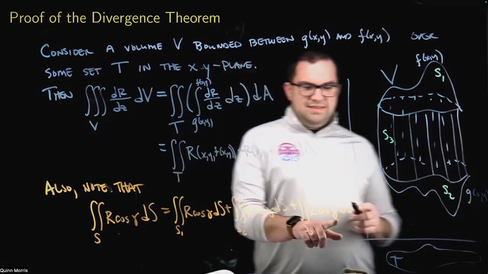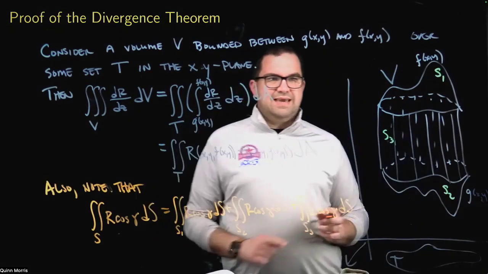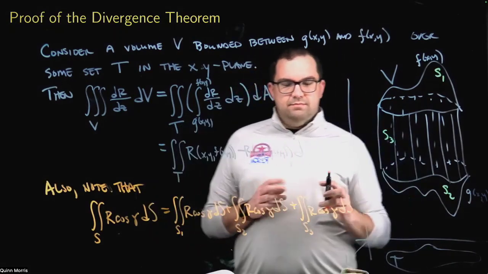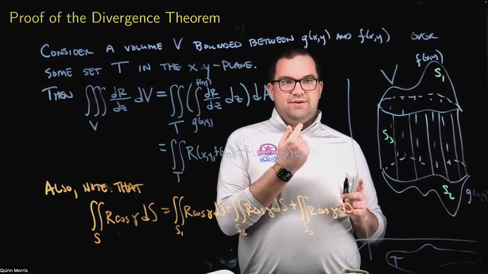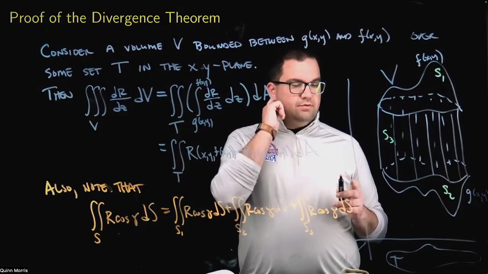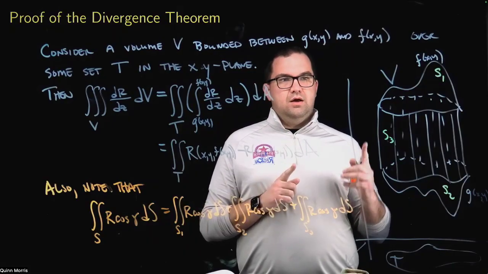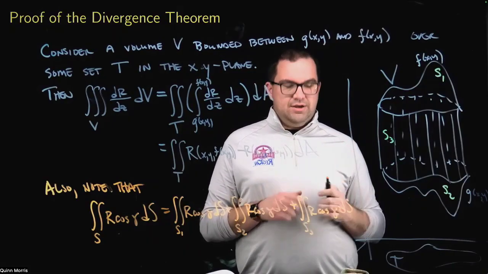Now, remember, what was this gamma? This gamma was the angle between the normal vector and the unit normal pointing in the z direction.